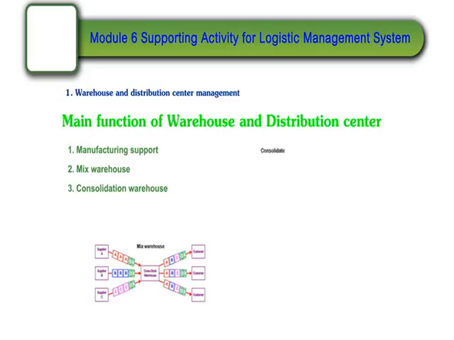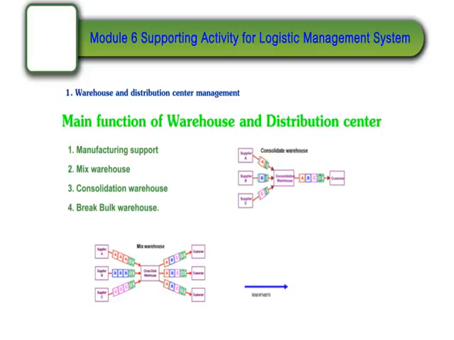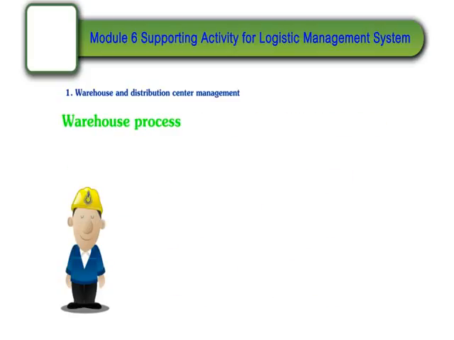Number 3, consolidation warehouse. Small orders from a number of suppliers may be shipped to a consolidation warehouse near the source of supply. And number 4, break bulk warehouse. Break bulk warehouses are facilities that receive large shipments of product from a manufacturing point.